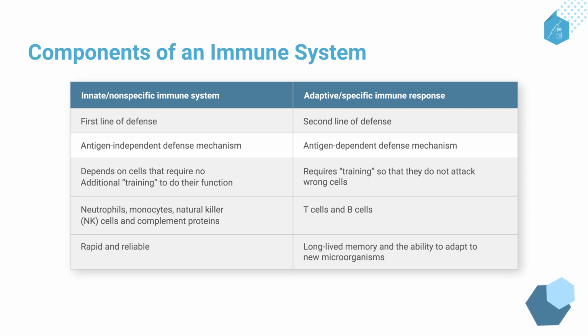Neutrophils, monocytes, natural killer cells, complement proteins come under innate. T and B cells feature under adaptive. Innate is rapid and reliable, while adaptive has long-lived memory, ability to adapt to new microorganisms, as the name suggests.